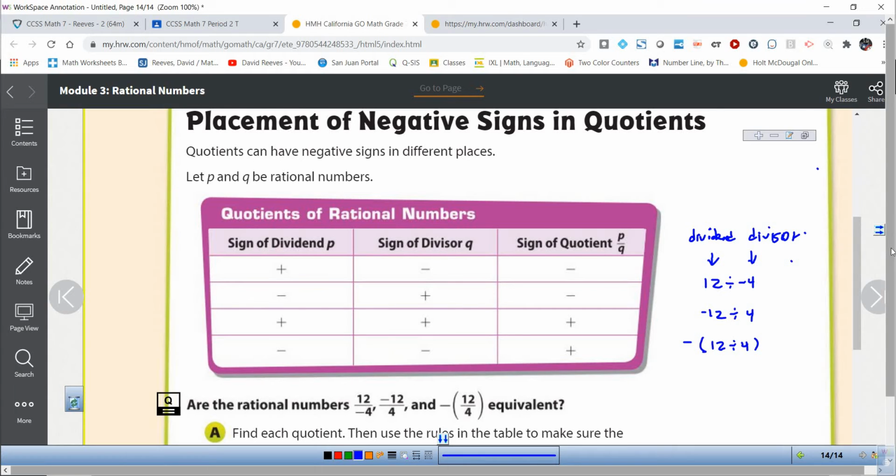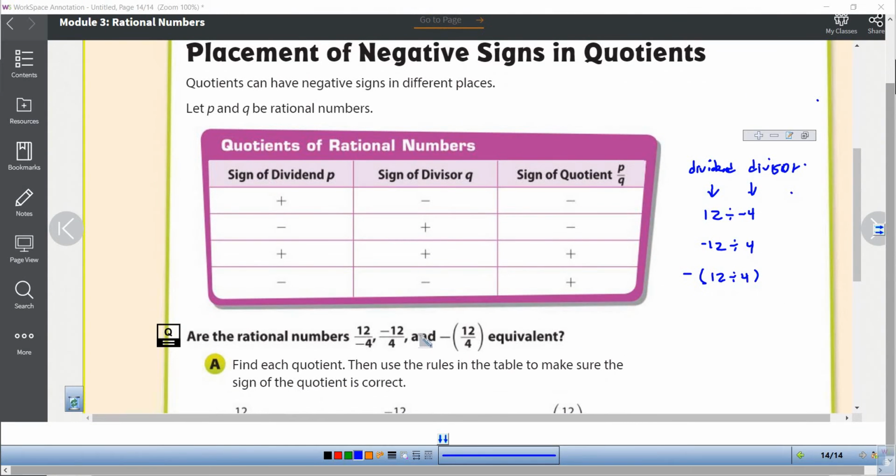I do want to point out something that comes up: when you write it this way, these all mean the same thing. They are actually equivalent, because a positive divided by a negative is going to be a negative, a negative divided by a positive is going to be a negative, and a positive divided by a positive will be positive, but once you throw that negative in front, it's now going to be a negative.